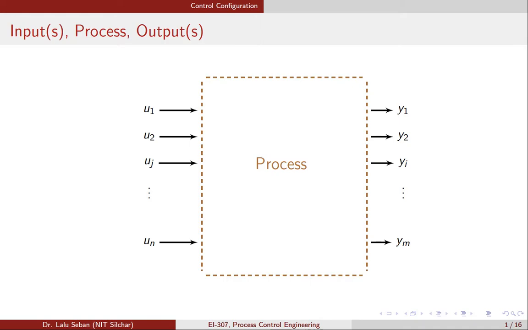The inputs, as we know, will be in the form of mass, energy, momentum or information to the process. Similarly, this is the case for the output. Now, among the m outputs, some of the outputs will have some economic value, like concentration, quality, quantity, etc. So we need to make sure that those particular outputs are maintained.